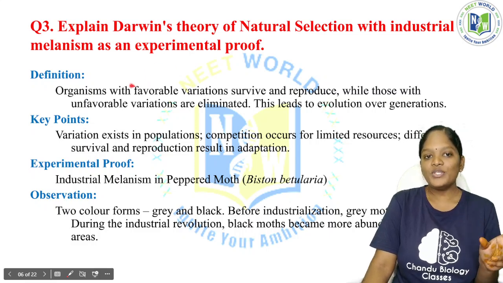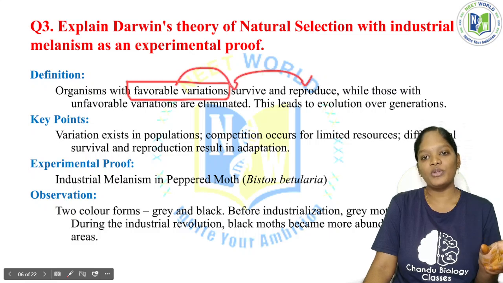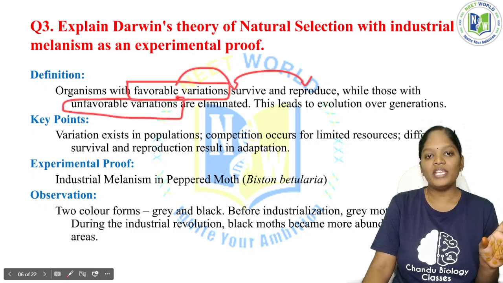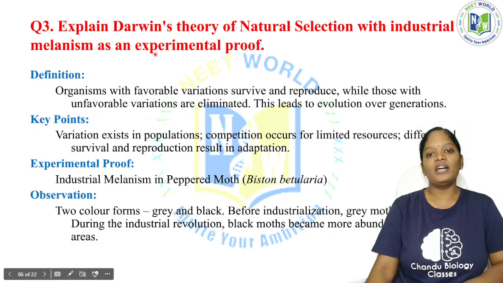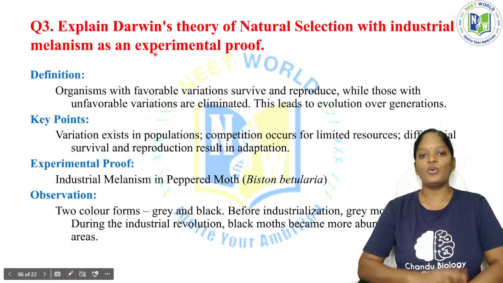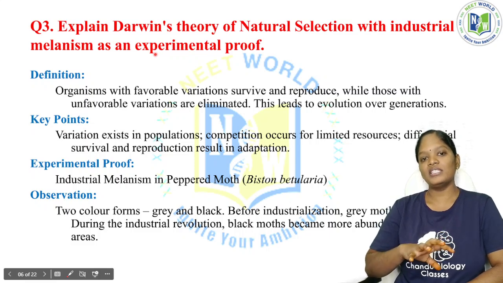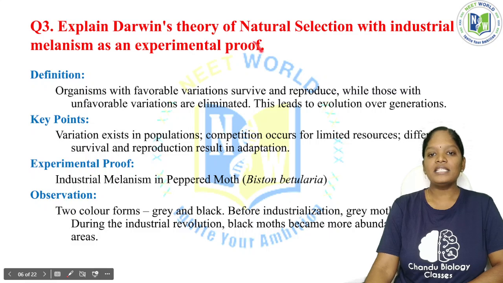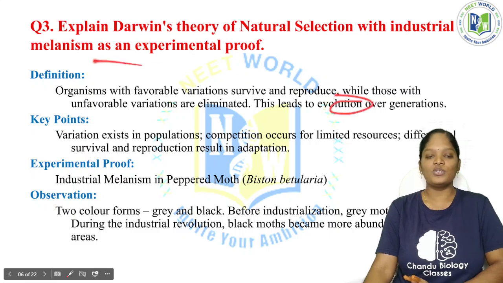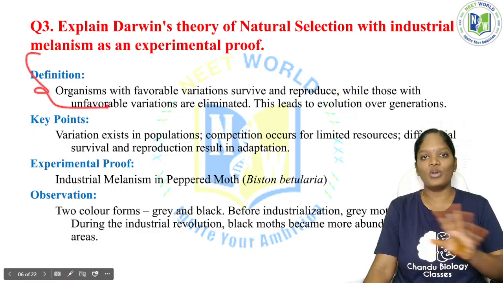Only favorable variations will survive and reproduce, and the unfavorable variations are eliminated. So these variations will be selected by natural selection, and this leads to evolution over generations. This is what we keep on studying throughout evolution.